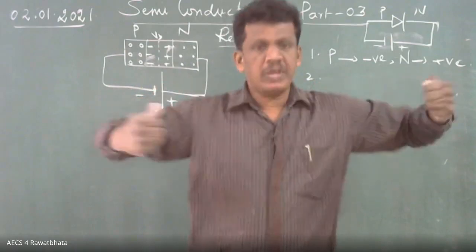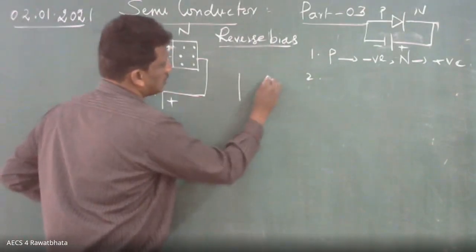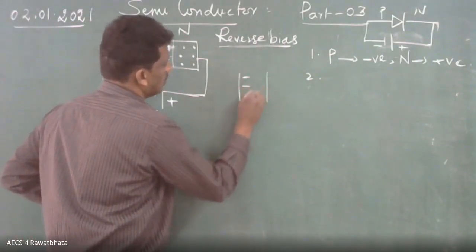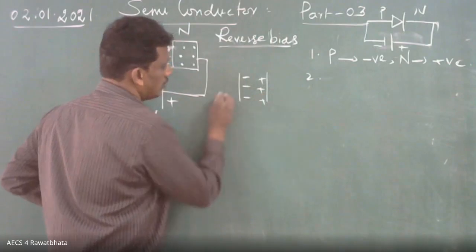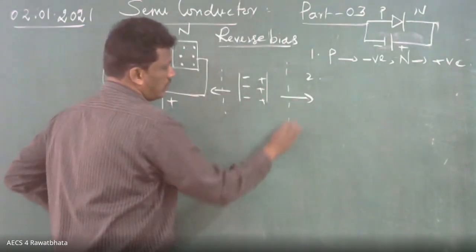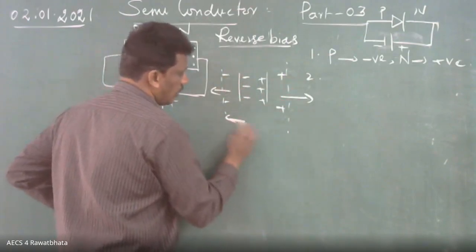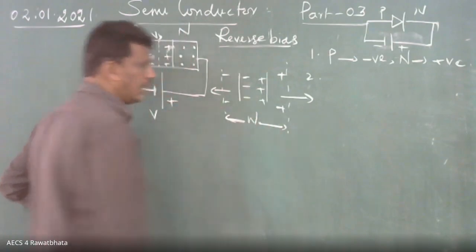When they move away from the junction, what will happen? You see, suppose already this is the case. Minus here, plus. When the majority carriers move like that, then what will happen? You see here minus, here plus. So what about the width of the depletion layer?